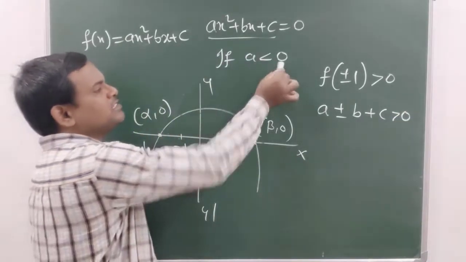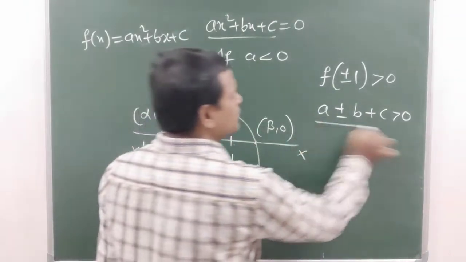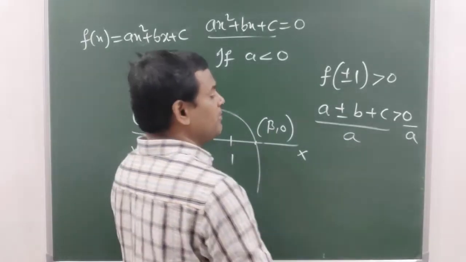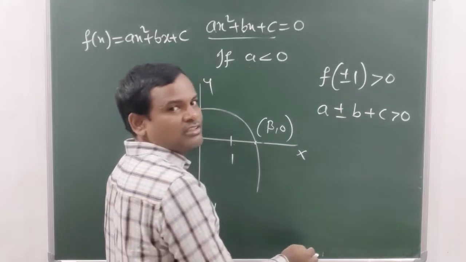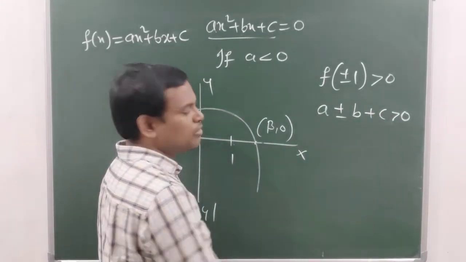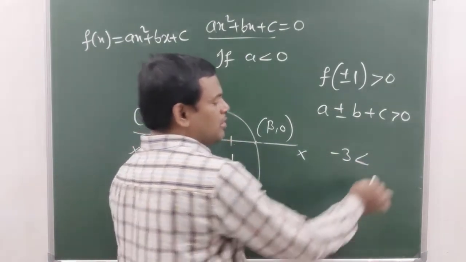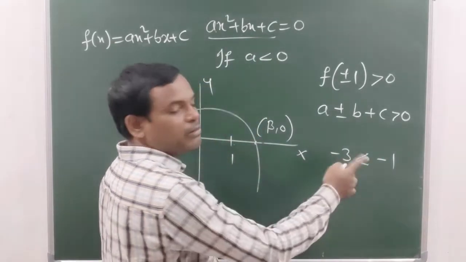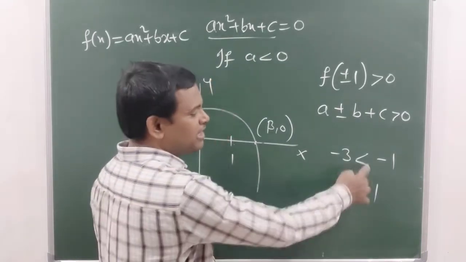But here a is negative. So hereafter you divide both sides by a, and because a is negative, whenever you divide with a negative quantity on both sides, your inequality will change. You know, see, minus 3 is smaller than minus 1. When you multiply both sides with a negative quantity, it will affect the inequality symbol.